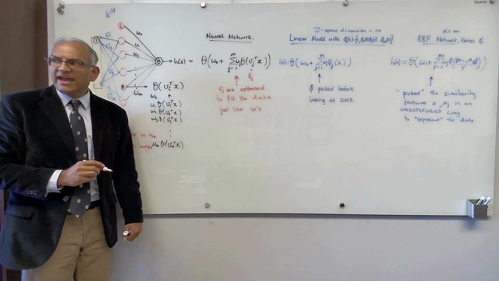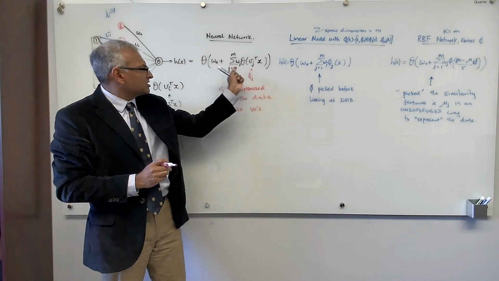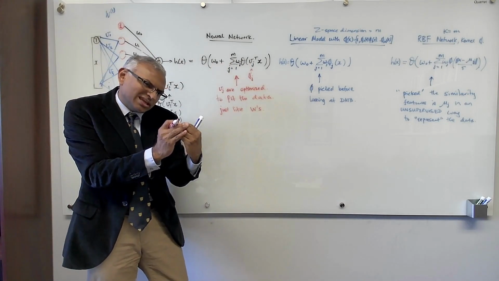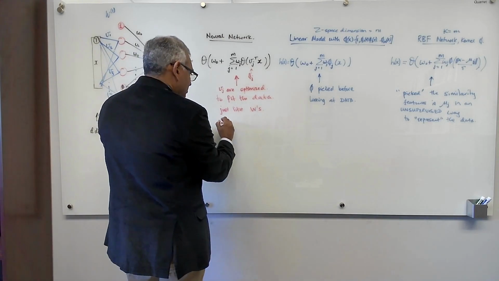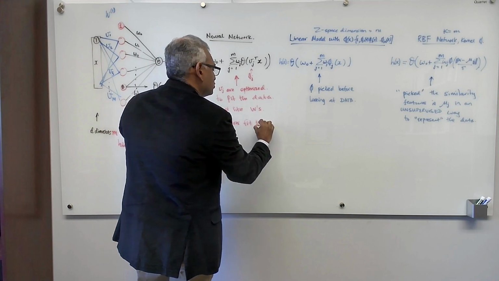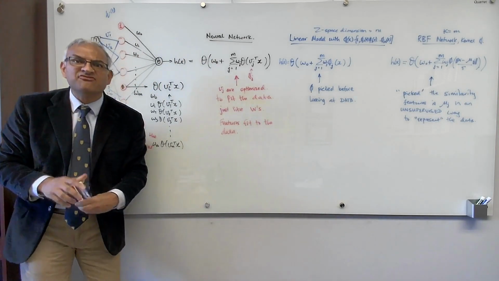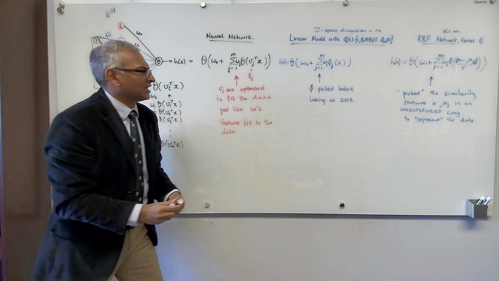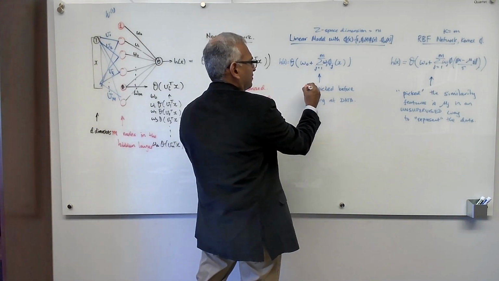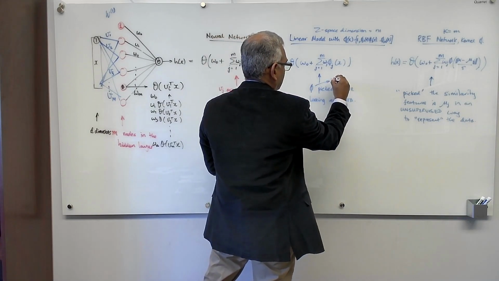That means our features in this linear model have been intricately fit to the data. We are picking features based on looking at the data. Here, phi, i.e. the features, is picked before looking at the data.